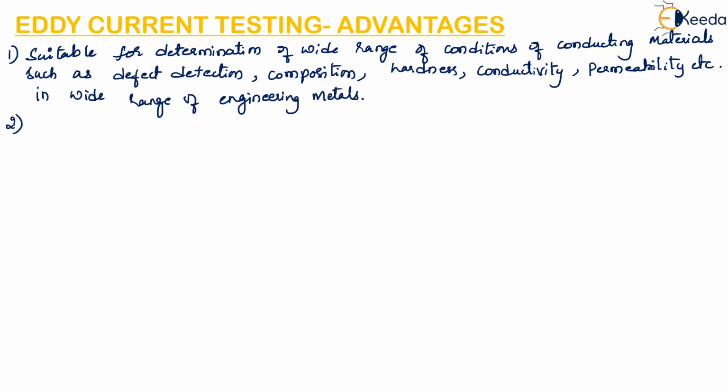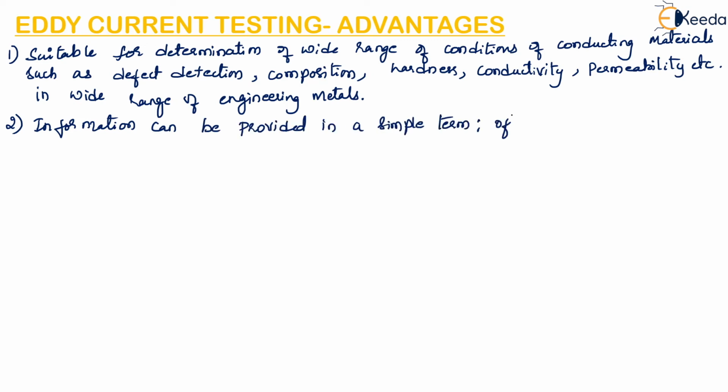So information can be provided in simple terms. Often it may be go or no go. Then phase display, that is the electronic units can be used to obtain much greater product information. So information is provided in a simple manner, often go or no go.